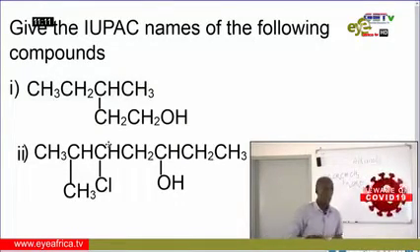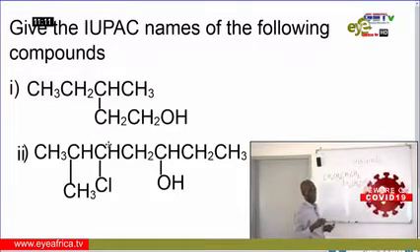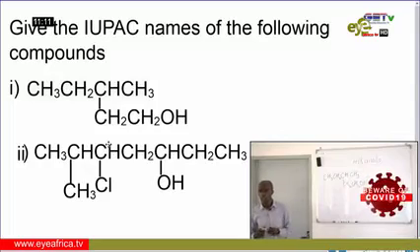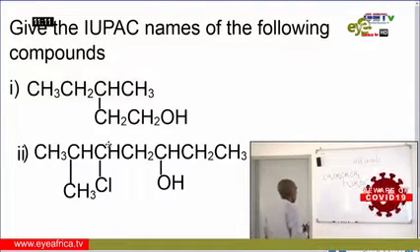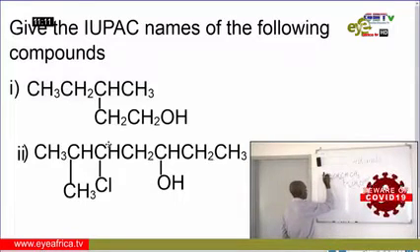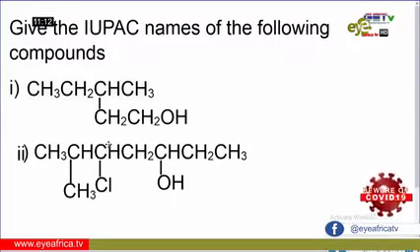The first rule states that we need to identify the longest hydrocarbon chain, and then the functional group should be part of this longest hydrocarbon chain. And that is, if you count from left to right straight, the OH, which is the functional group, is not going to be part of the longest hydrocarbon chain. So we cannot take it like that.